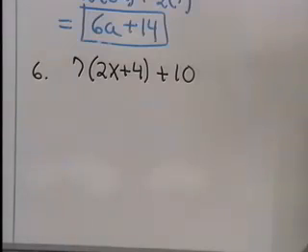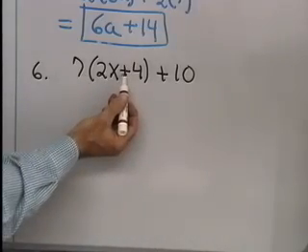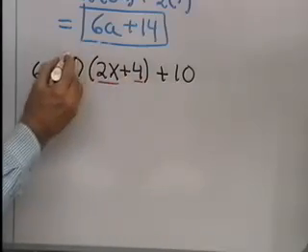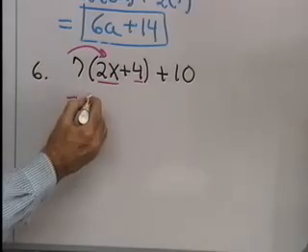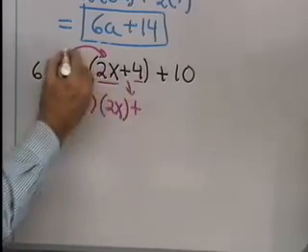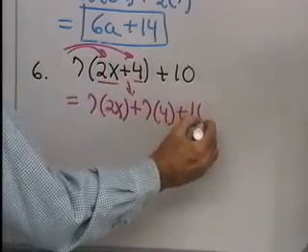Here's another one. 7 times the quantity 2x plus 4, close the parentheses, plus 10. Now this 7 distributes over this sum, so it'll be 7 times this term and this term, but not times this. 7 times 2x plus 7 times 4 plus 10.